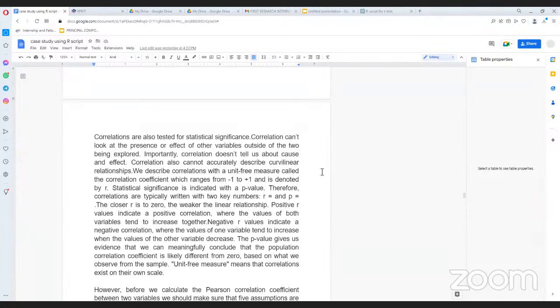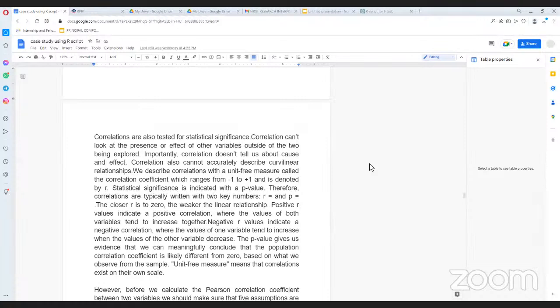We describe correlations with a unit-free measure called the correlation coefficient, which ranges from -1 to +1, and it is denoted by the sign R. Statistical significance is indicated with the p-value. Therefore, correlations are typically written with two key numbers, R and P. The closer the R is to 0, the weaker the linear relationship.